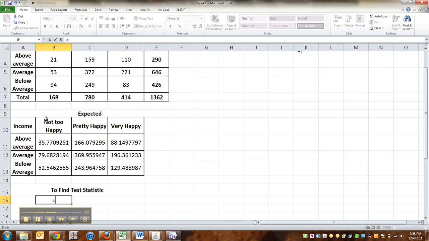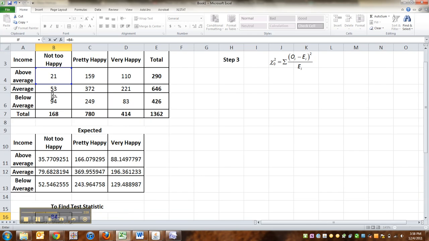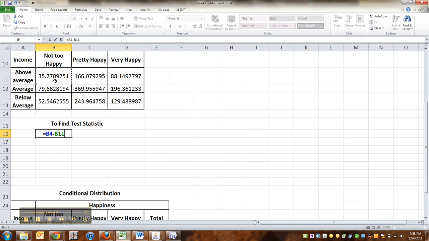So equals observed. I observed 21 minus the expected value, which was 35.77, if they had been independent, and I got to put that in parentheses, and I got to square it. And then I have to divide it by that expected value of 35.77.